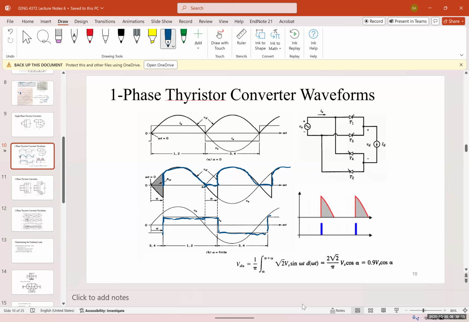Now, let me give you an example of this. And by the way, VD alpha is the output voltage at the point that we trigger it. And we show that trigger point with alpha in degrees. So for example, here it's like 30 degrees, in the middle is like 90 degrees, something like that. It is the phase of the signal at which we start triggering it.